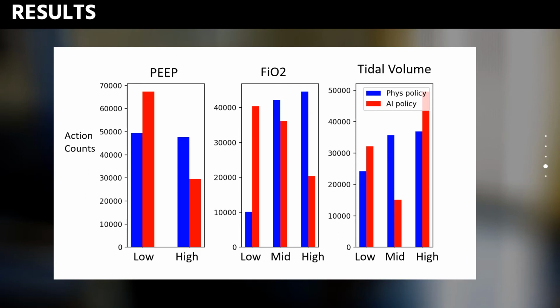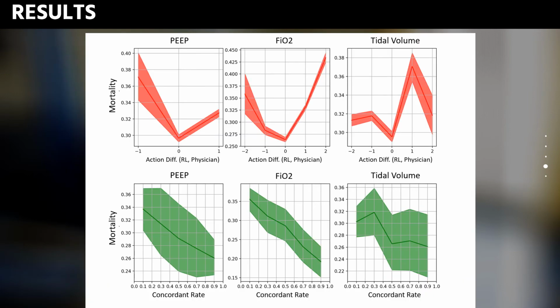To evaluate whether the RL agent or the physicians made better choices, we visualize our training results as follows. Here, the top red graph shows mortality rate versus the discrepancy between RL action and physician action. Ideally, if the physician chose the same action as the RL model, the discrepancy will be 0 in the center of the curve, where we found the mortality rate to be the lowest.